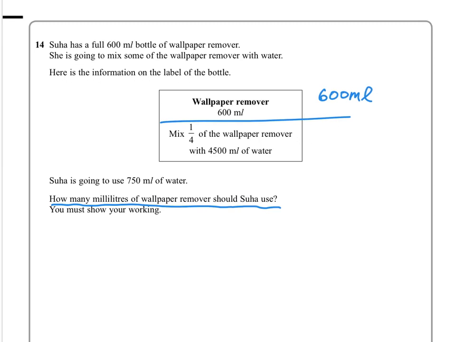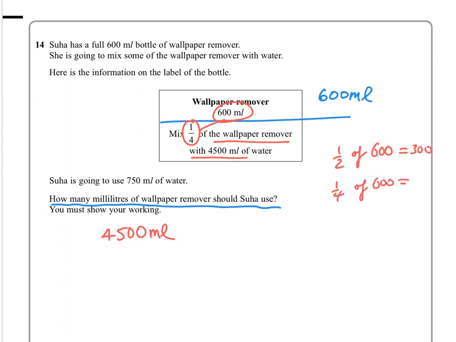Now, when I look at this question, I can see that if you have 4,500 mils of water, you've got to mix a quarter of 600. Now, a half of 600 is 300, and so a quarter is half of that again, which is 150 mils. So that's water here, and then wallpaper remover is going to be 150 mils.